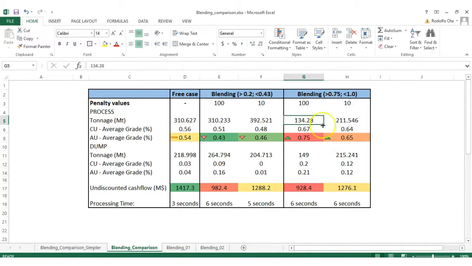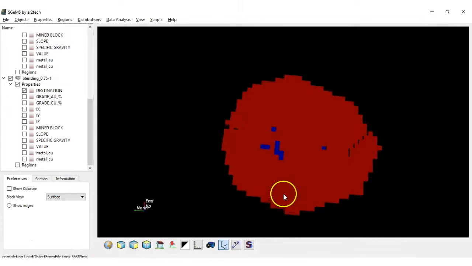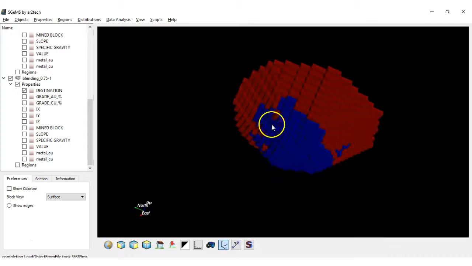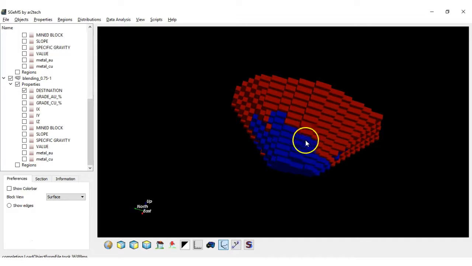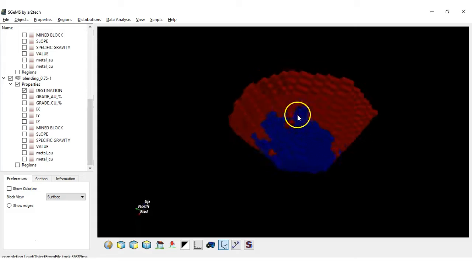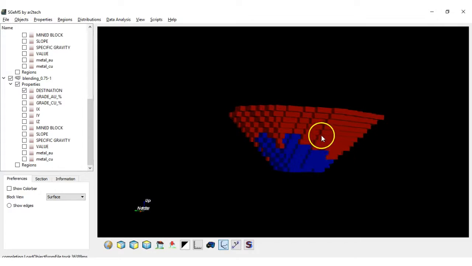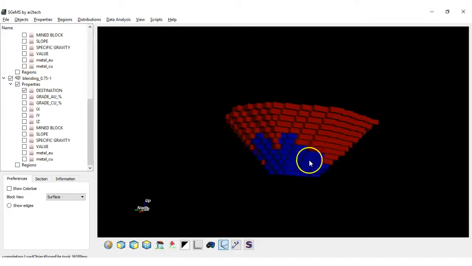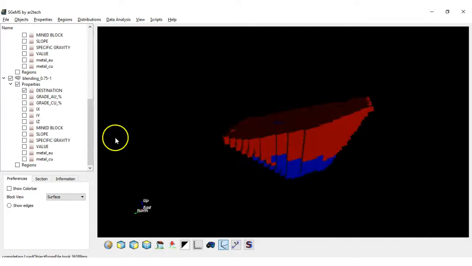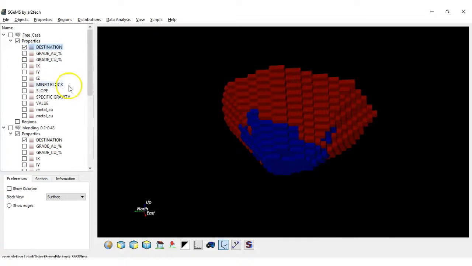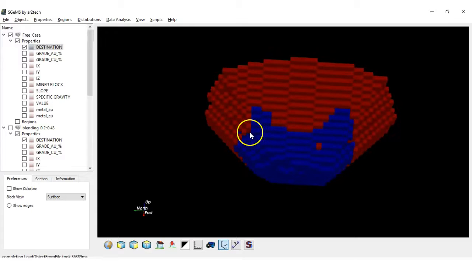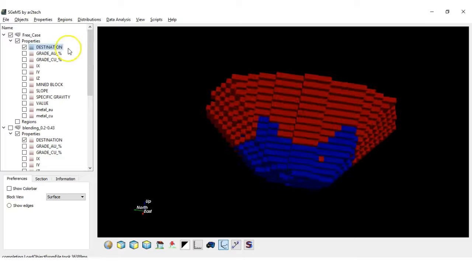And you can see that because only the richer ores are allowed to be selected as ore in this situation, the blue blocks are again in the center of the pit, right? The richer ones being located right over here, which is similar to the free case because you don't have any blending restrictions. So the software will obviously search for richer blocks in this situation.